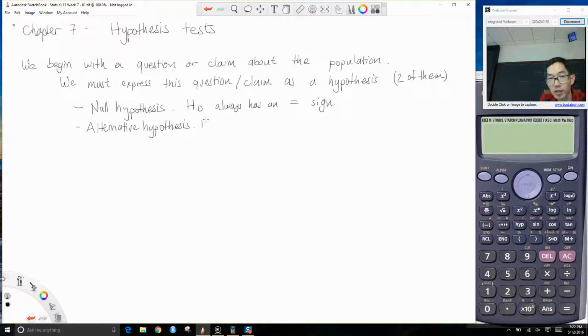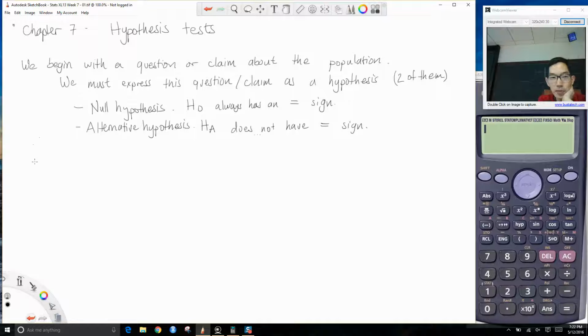And then the alternative does not. Essentially, whatever the question or claim is, we have to turn it into something where in one case we're saying the thing about our populations is that they're equal to each other, or it's equal to some value. Okay, and then the alternative says no, that can't be the case.